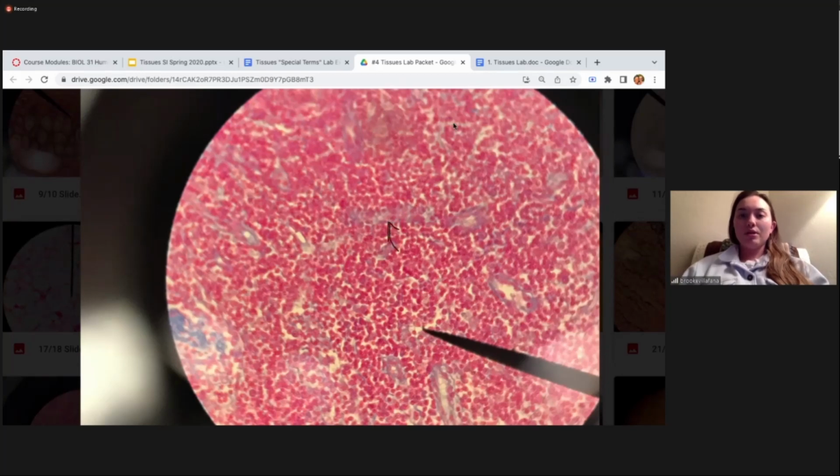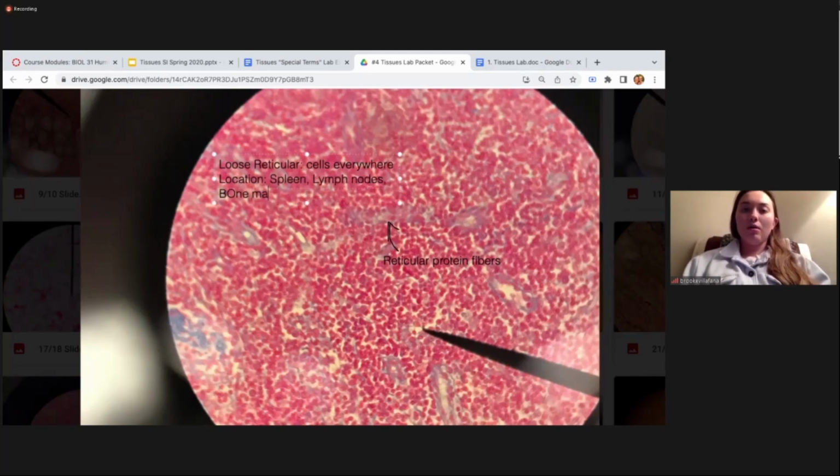These are our reticular protein fibers. But loose reticular is, again, very distinctive because it is just cells everywhere, is how I would describe it. And again, where's our location? In our spleen, lymph nodes, bone marrow, and liver.